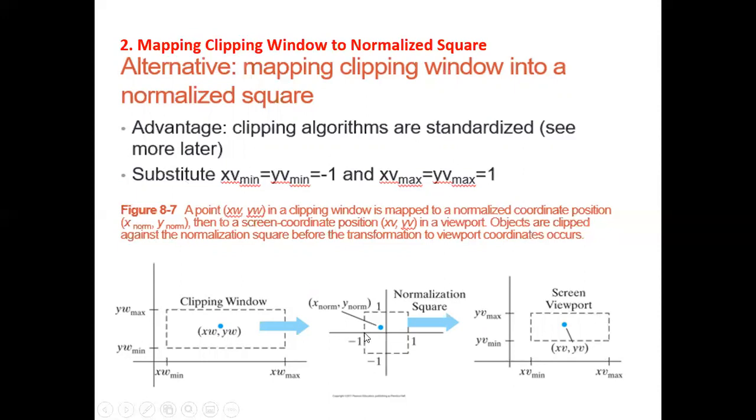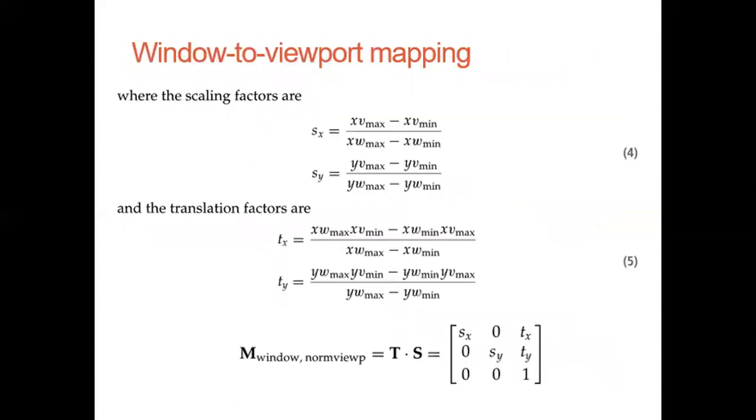Because I'm taking my point between -1 and +1, you can see it is between -1 and +1. That is why my lowermost point, xv min and yv min, this will be -1, and this uppermost point, xv max and yv max, this will be +1, right? So we have to substitute these values in our scaling matrices that we have defined earlier.